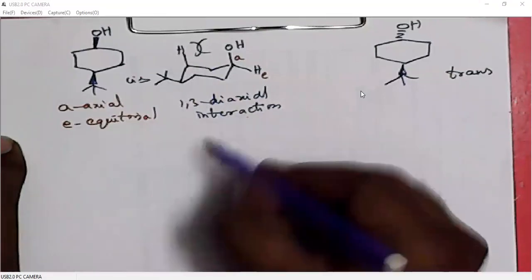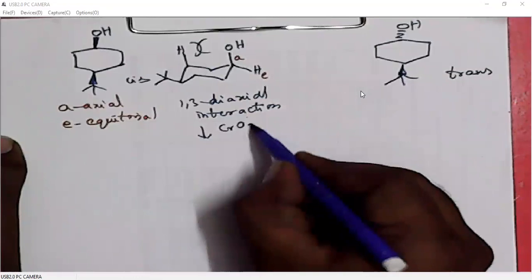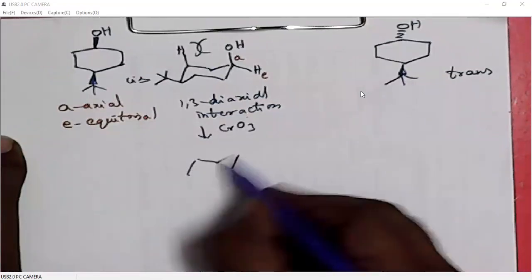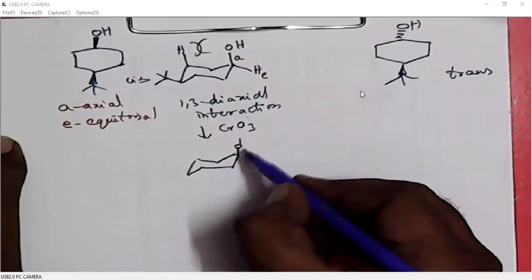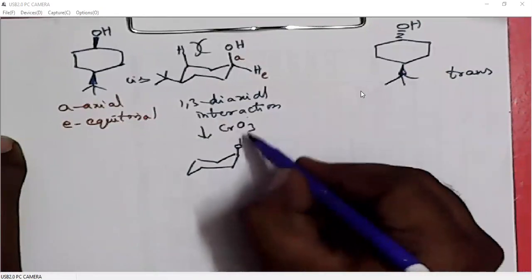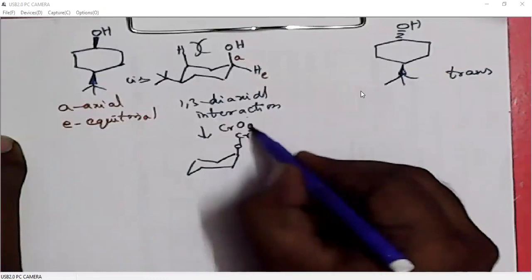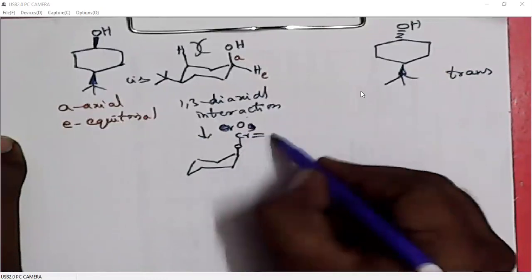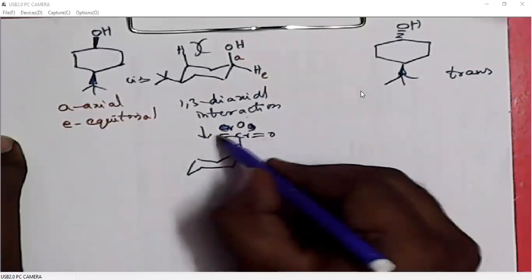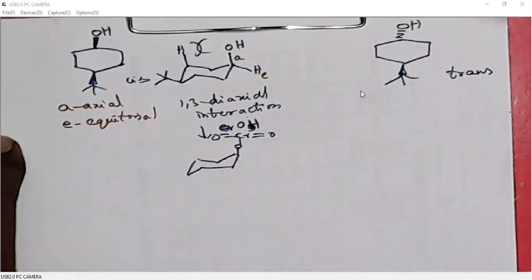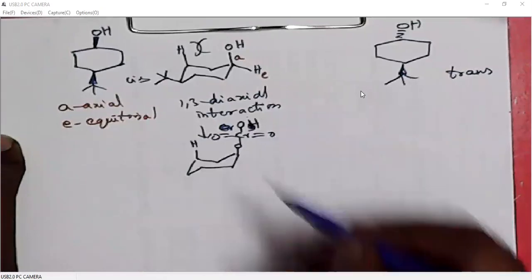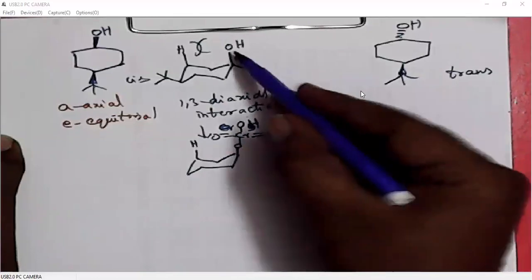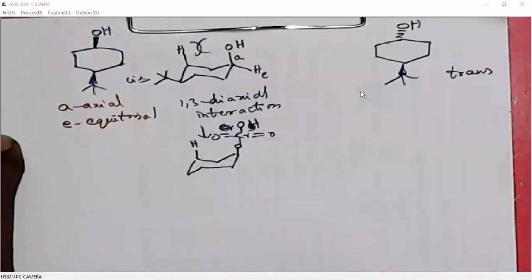When we want to do oxidation with this, first it has to form a chromate ester. The OH itself has a 1,3-diaxial interaction, which is steric crowding.